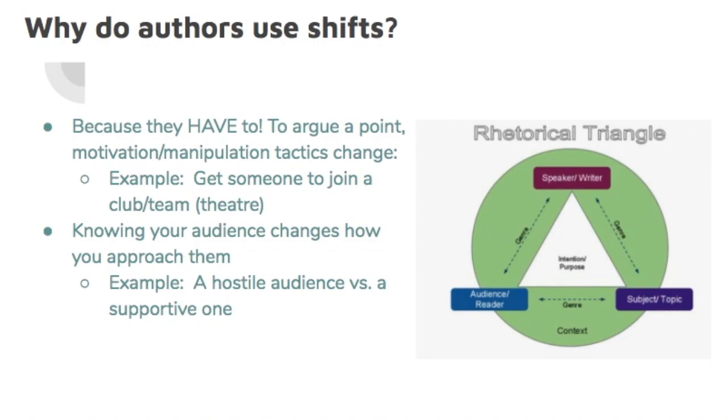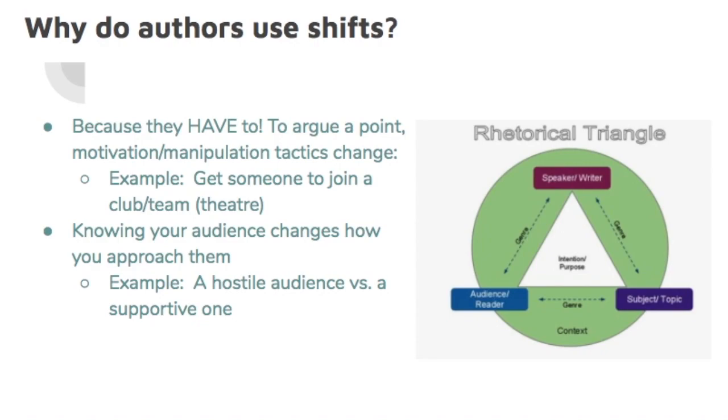Okay, so authors use shifts because of the rhetorical triangle. Remember we talked about the speaker, the audience, and the subject or topic and how they all play together. A speaker has to know his audience in order to know what to write about and how to write about it. So the triangle isn't set in stone, it's fluid, which means that if the audience changes, then the way that you speak about it changes.